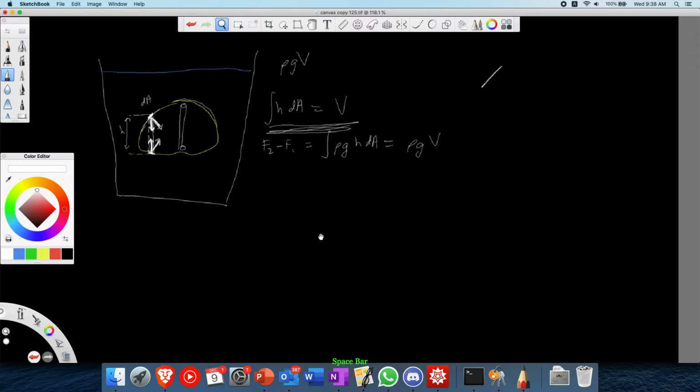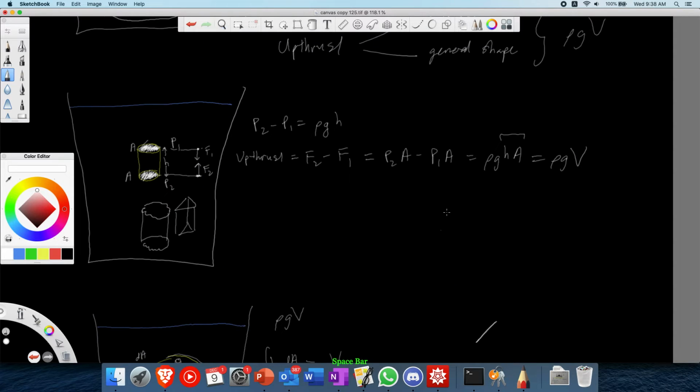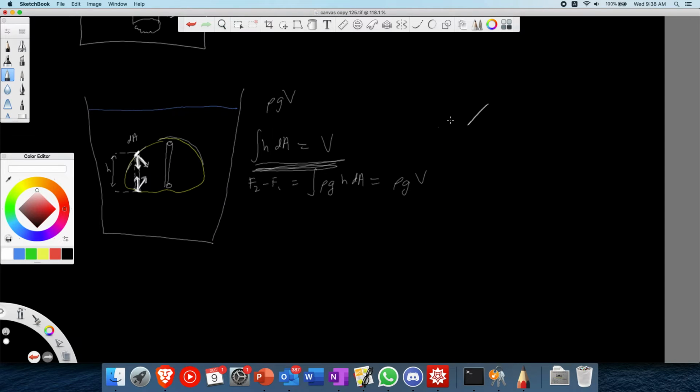I apologize for the lack of rigor in this argument, but I hope the cylinder case is convincing enough to tell you why it is rho g V. The cylinder one is completely rigorous, but in this case I have to do some integrals and resolve the vectors vertically and horizontally to show that they cancel out eventually.